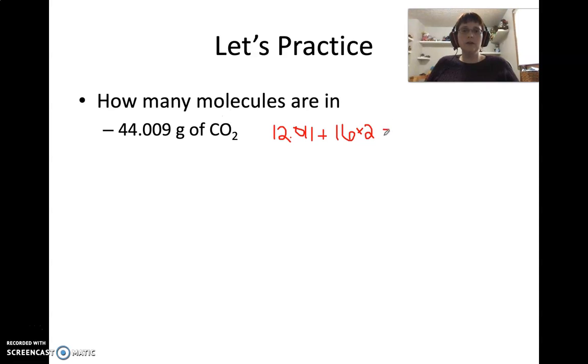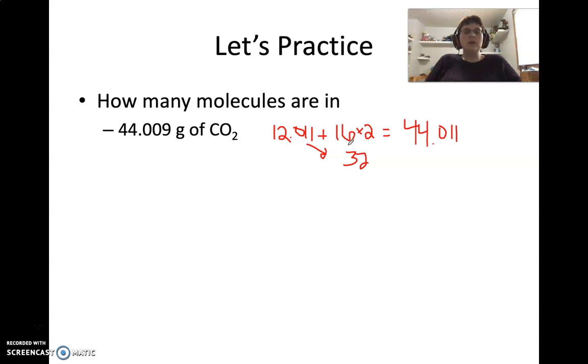So 16 times 2 is, sorry, my brain shorted out there for a second. 16 times 2 is 32, and we add that to our 12.011, which is going to get us 44.011, which is pretty close to our value here.